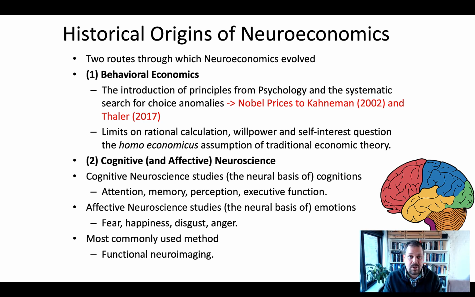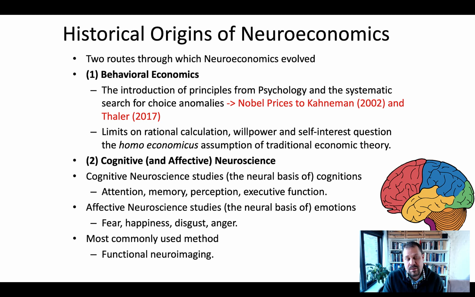What this has demonstrated, obviously, is that there are limits to the rational calculations, the type of assumptions that standard economic theories or models make. So there are limits on our rational calculations that are imposed by our brain. We can only consider so much at a given time. There are limits on our willpower.